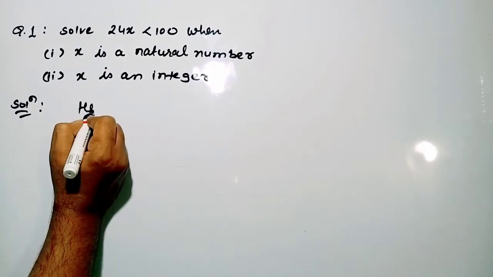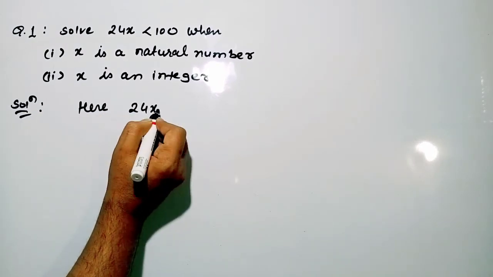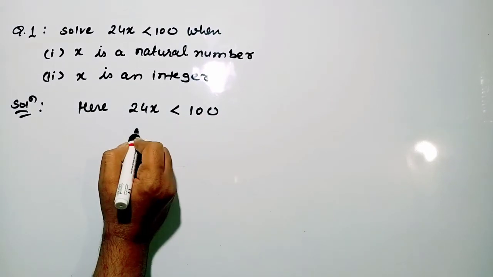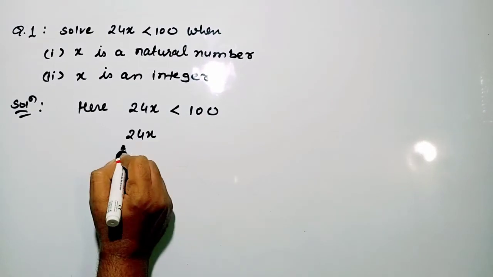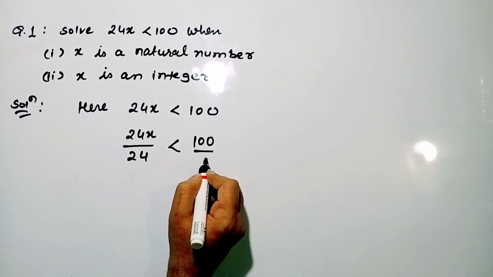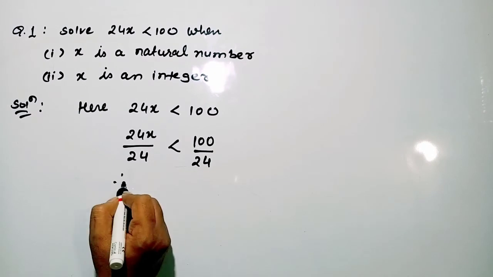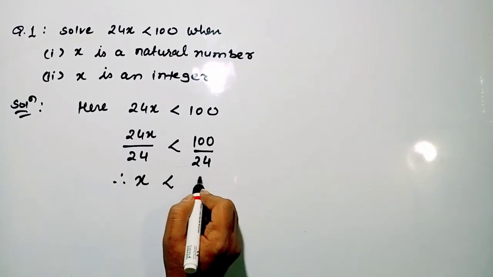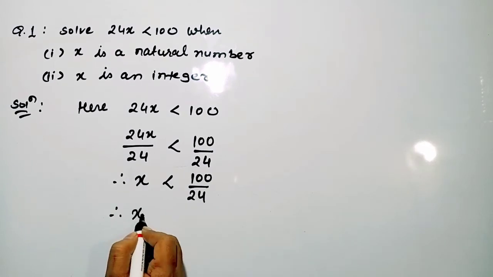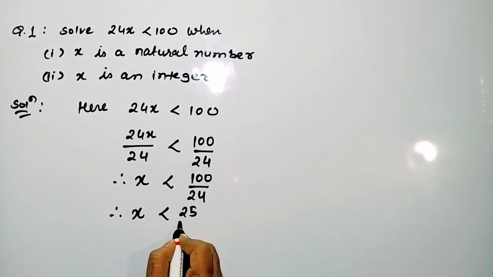So first of all, solving this linear inequality 24x less than 100, dividing both sides by 24, so 24x divided by 24, 100 divided by 24. Okay students, so here we are getting x less than 100 divided by 24, which simplifies to 25 divided by 6, right?